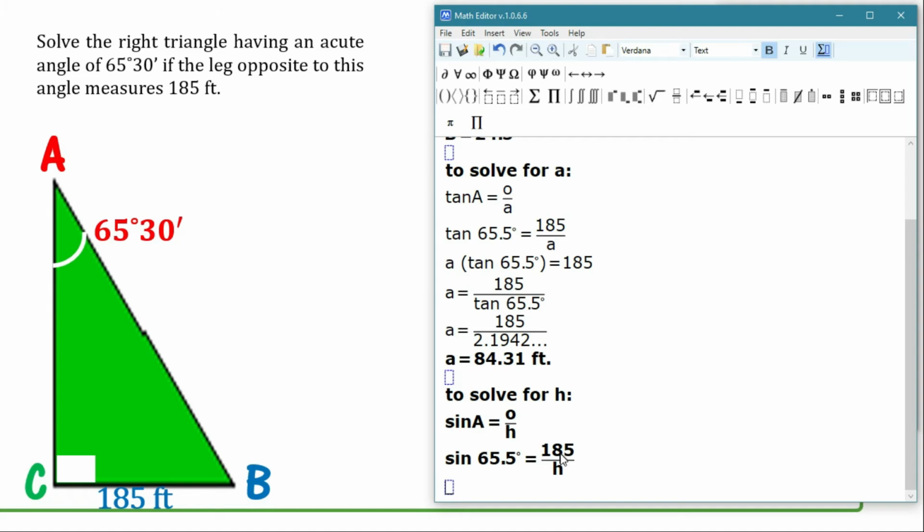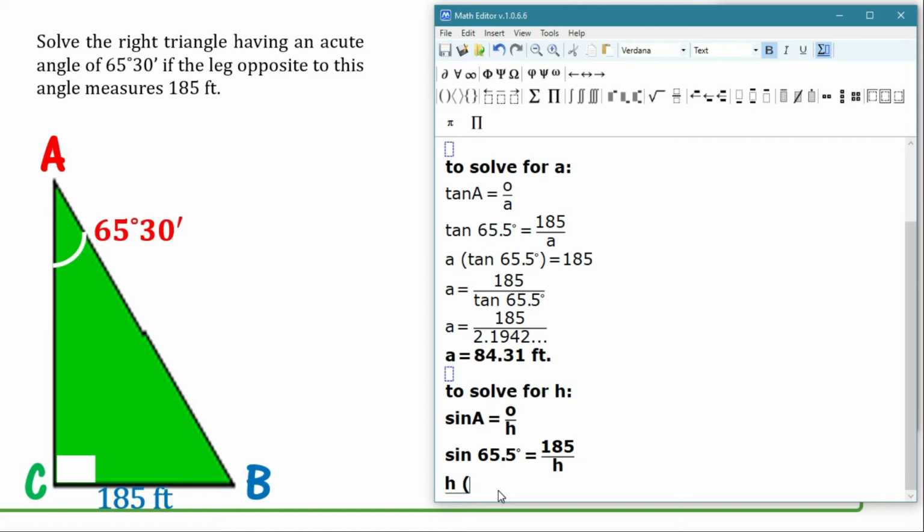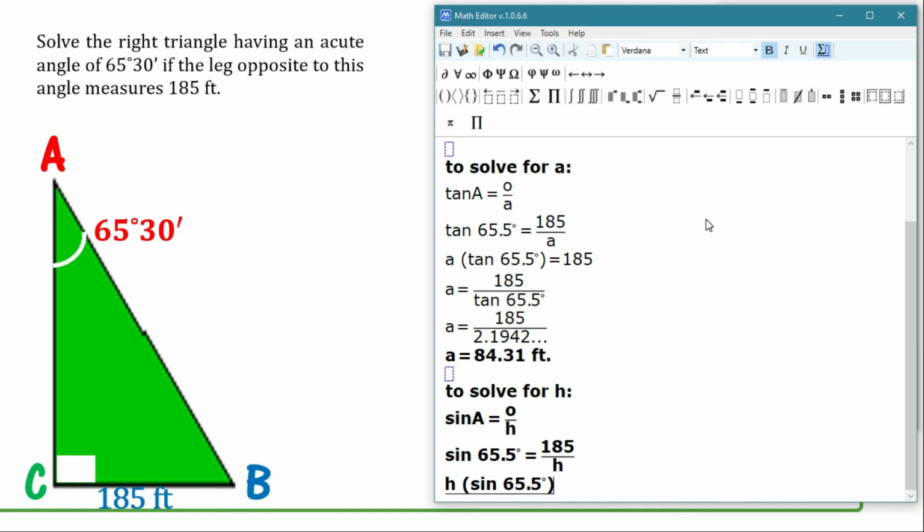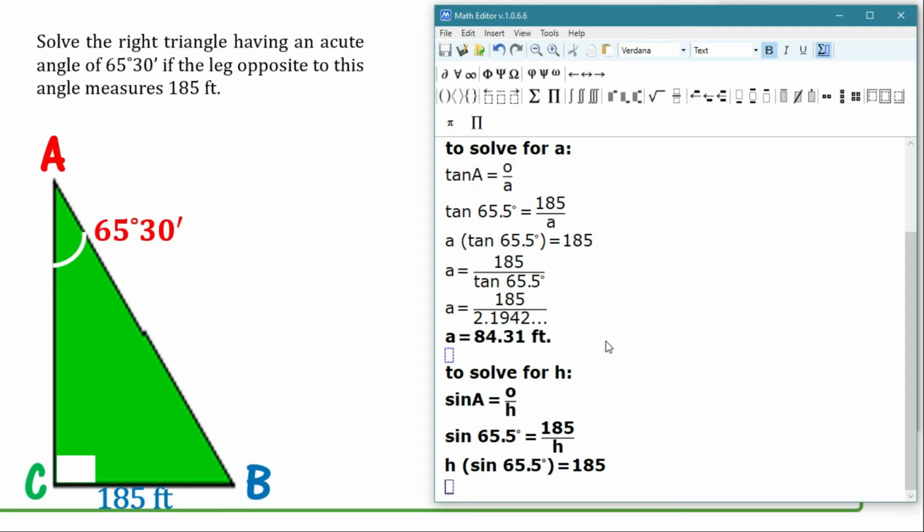So, para mahanap po natin yung value ni H, what we're going to do first is for us to multiply both sides by H, yielding to H times the sine of 65.5 degrees equals 185. But since we are just looking or hinahanap natin si H, so dapat si H lang yung nasa kabilang side ng equation.